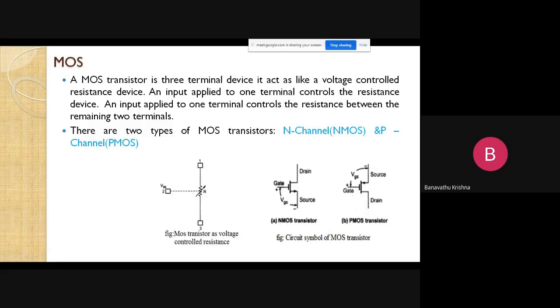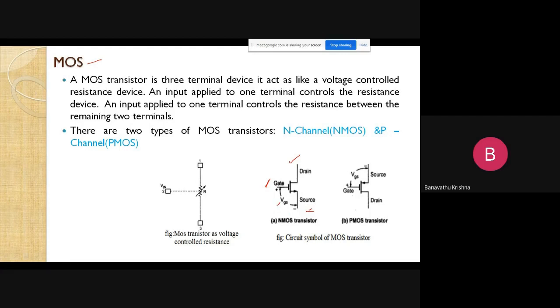Now I'm going to discuss the metal oxide semiconductor device. As you know, the metal oxide semiconductor field effect device is a voltage controlled resistance device. It has three terminals: drain terminal, gate terminal and source terminal. The input data is applied at the gate terminal with respect to source, that is VGS.